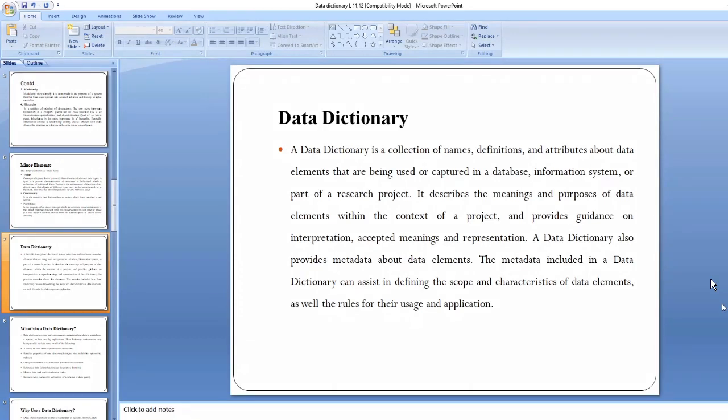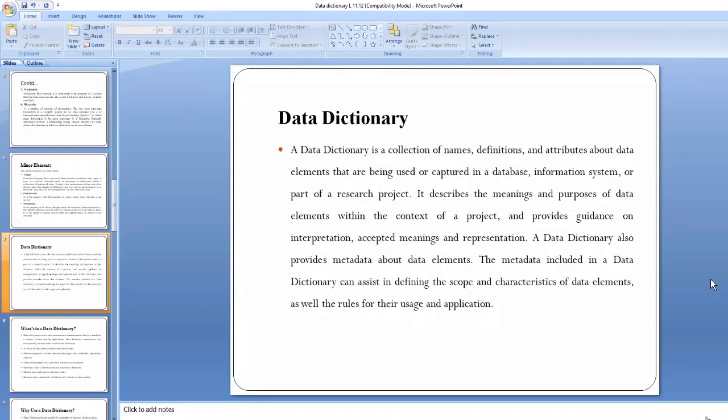Now, a data dictionary describes the meaning and purposes of data elements within the context of a project, and provides guidance on interpretation, accepted meaning and representation.